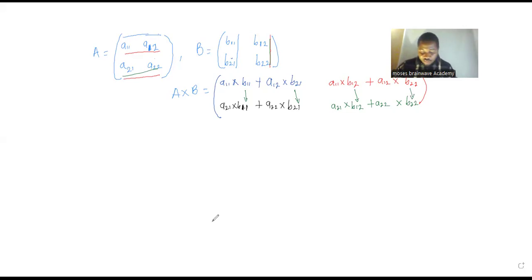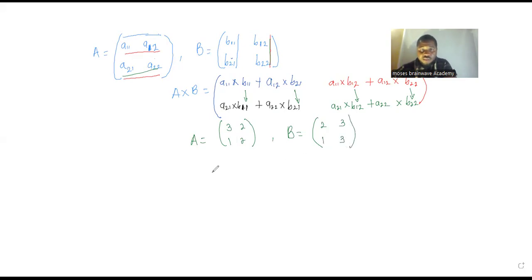Now, quickly, let's take a straightforward example. For instance, if I had A equal to 3, 2, 1, 2, and we'll have B equal to 2, 3, 1, 3.